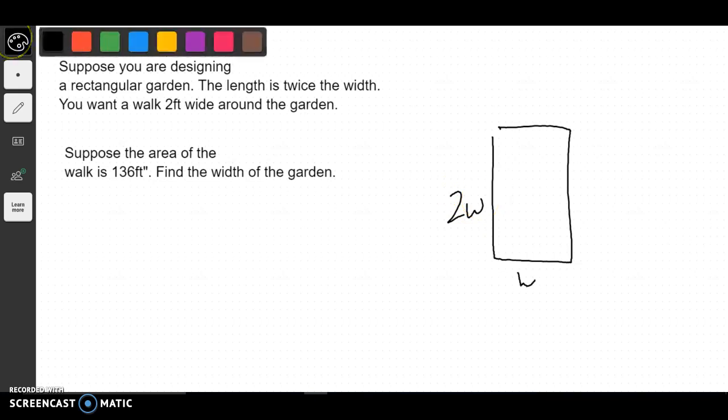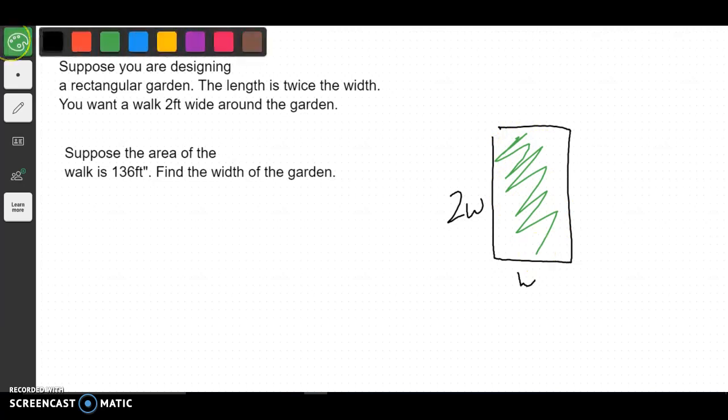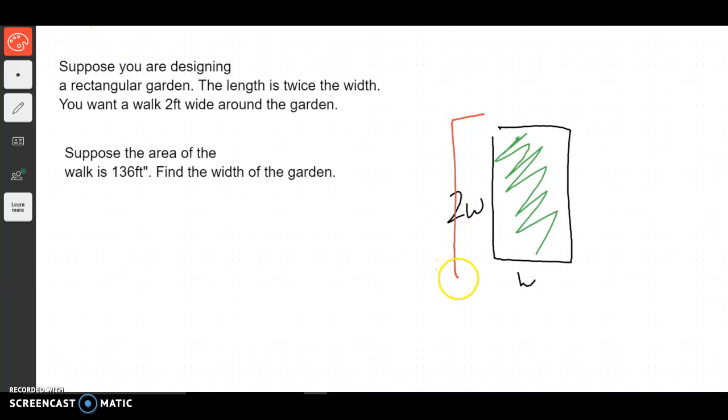And then after that, we said, hey, we wanted a sidewalk. So here's my garden on the inside in green. I wanted a sidewalk to go around this thing. Whoops, not the best drawer. But the sidewalk, I said, hey, this needs to be 2 feet. Like that needs to be 2 feet at any spot.